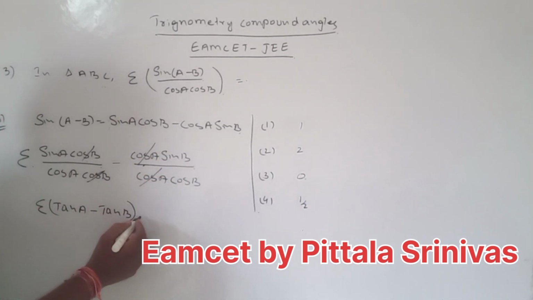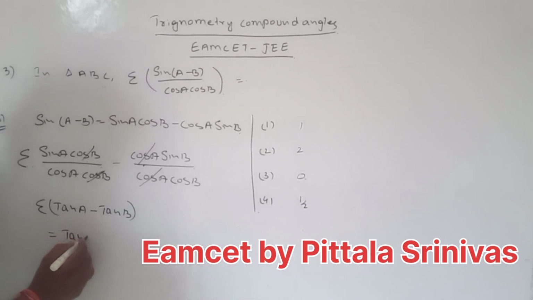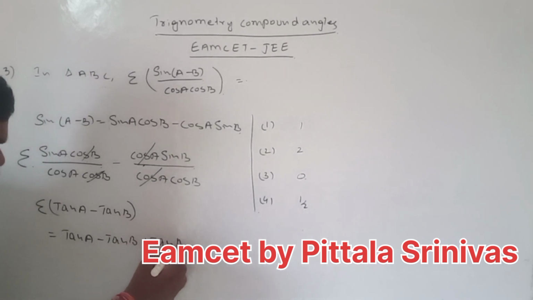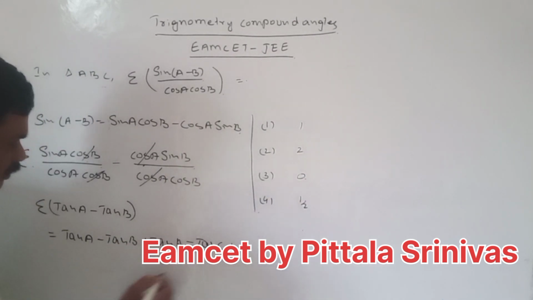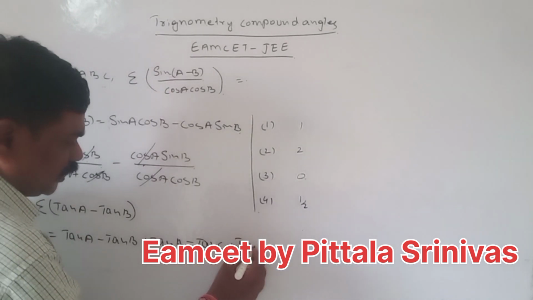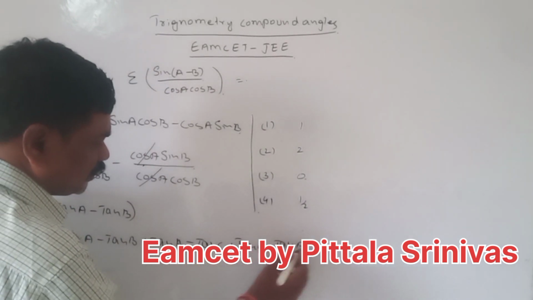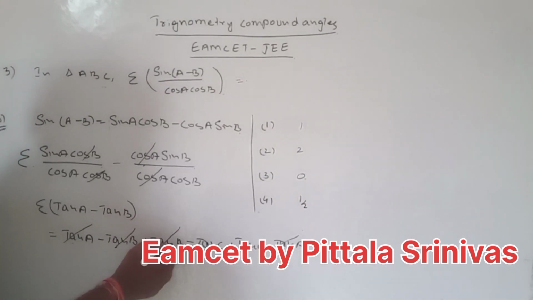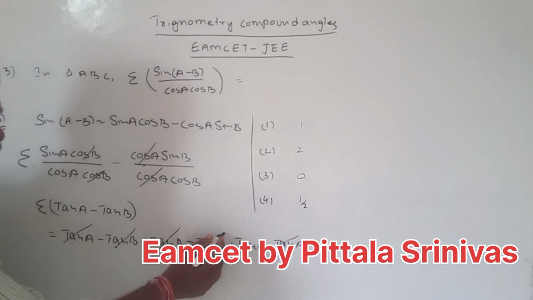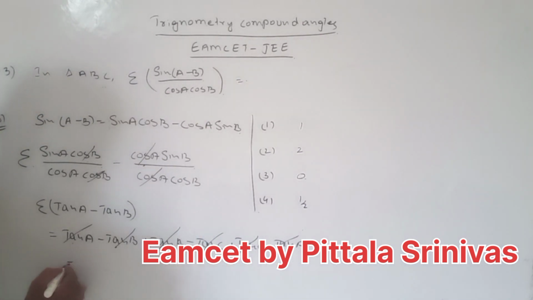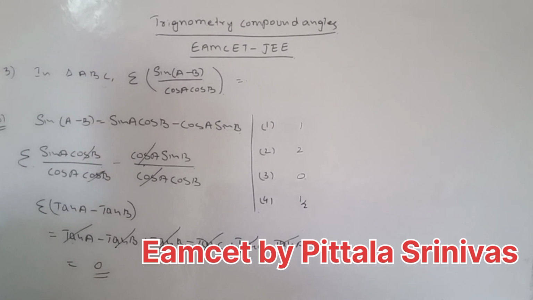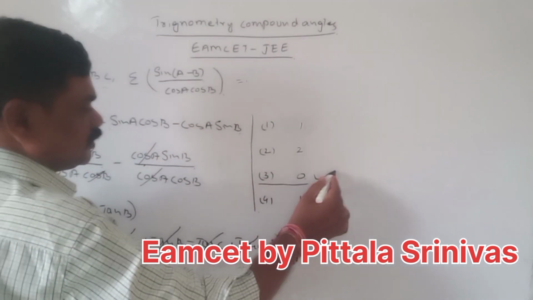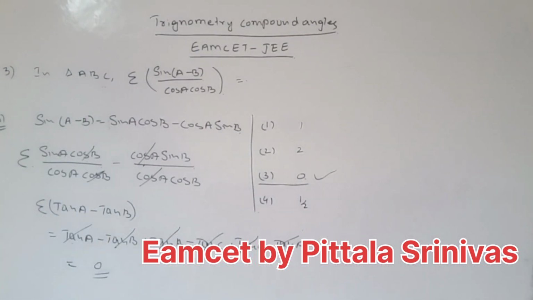Tan B. So we have tan A minus tan B plus tan B minus tan C plus tan C minus tan A. Minus tan A plus tan A cancel, minus tan B plus tan B cancel, minus tan C plus tan C cancel. What we will have? 0 is the answer. So from these options, option 3 is the answer. Okay, all of you. That's all.